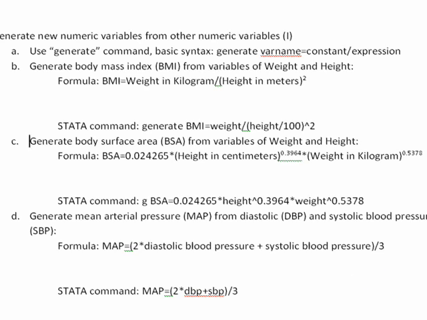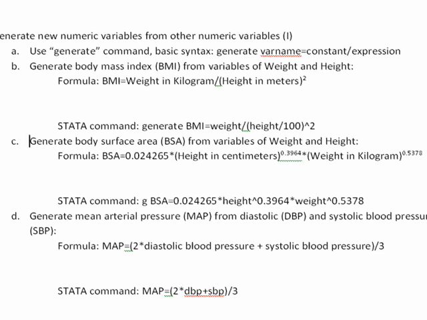So it's body surface area equals 0.024265 times the height in centimeters to the power of 0.3964 times the weight in kilograms to the power of 0.5378.